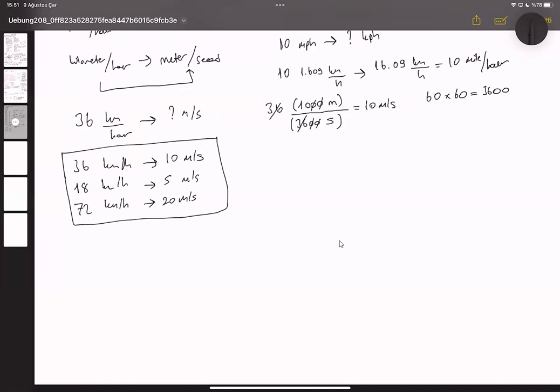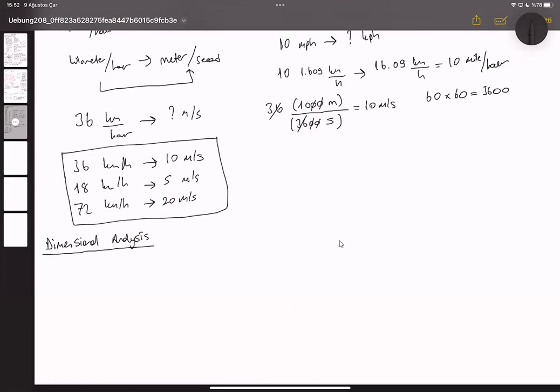For the last part of our first unit, we will mention dimensional analysis. Dimensional analysis is important for us because we made some conversions in the upper side of this page.